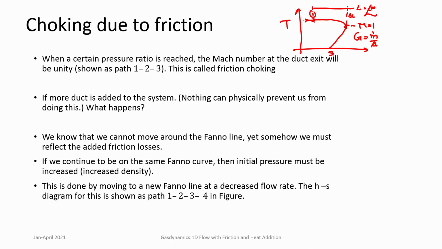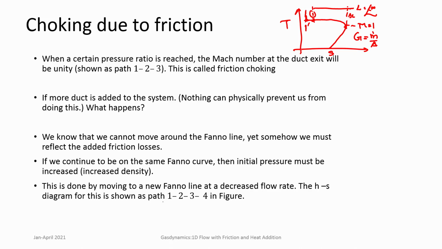You can move the initial conditions back, which is equivalent to saying that there is an increase in pressure at 1. So, if I say this is 1 prime, then now if I move this back, my total length now increases. G remains the same in this case, that means mass flow rate remains the same for the duct, but now I have to give higher pressure.